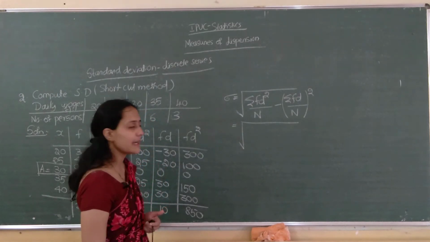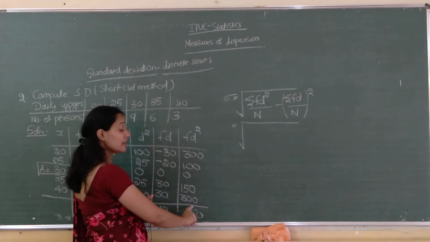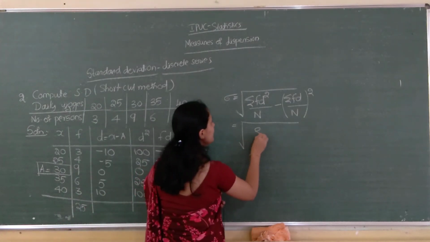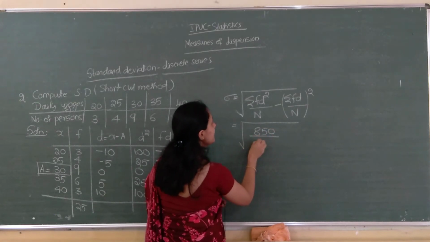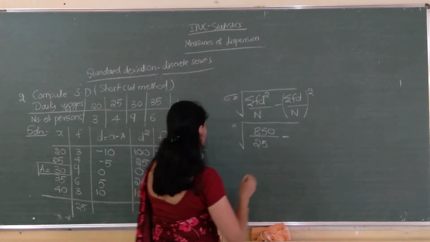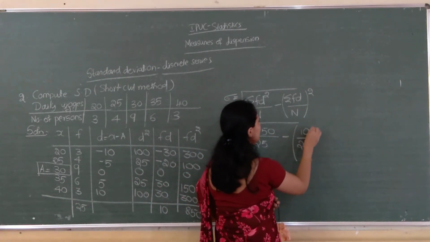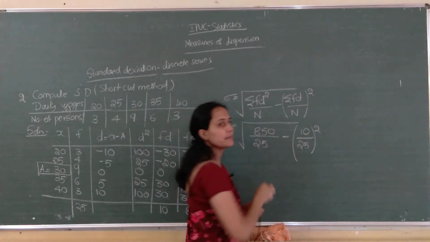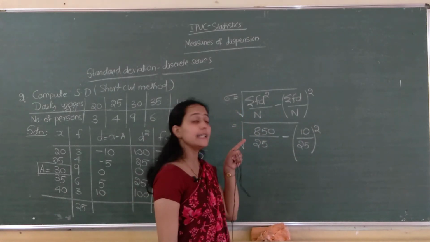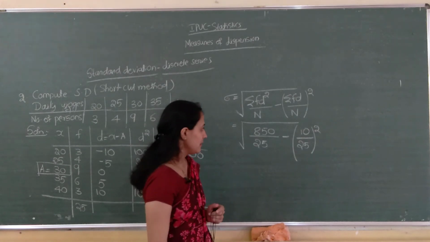Sigma FD square means the F into D square column total, 850, divided by N, which is 25. Sigma FD is 10 divided by 25, the whole square. Correct? Sigma FD is different. Sigma F into D square is different.